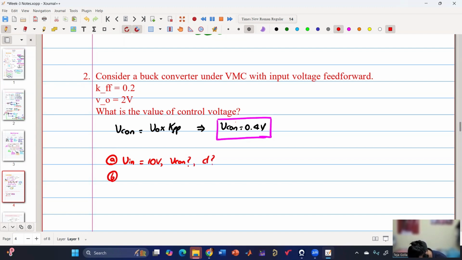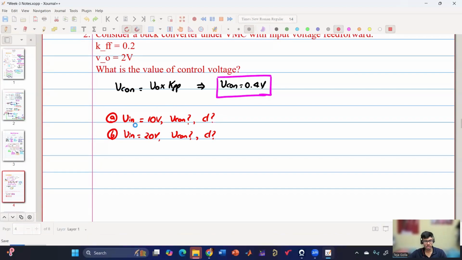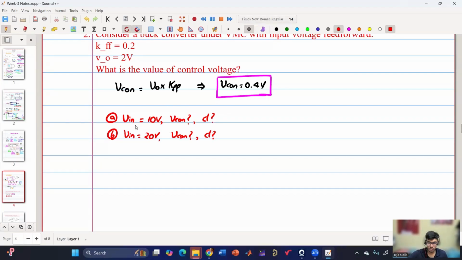And in the second case, Vin is 20 volt. What will be the value of Vcon, and what will be the value of duty ratio? Anyone can solve this question.